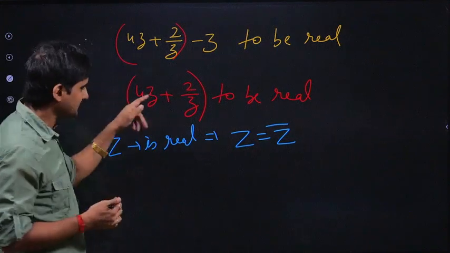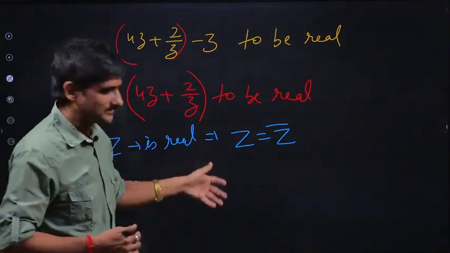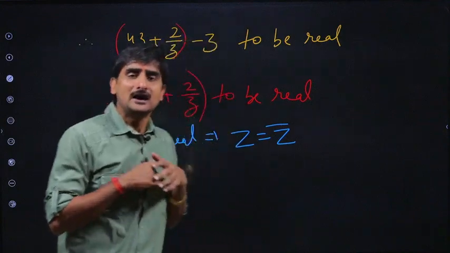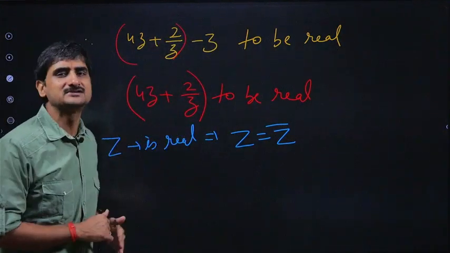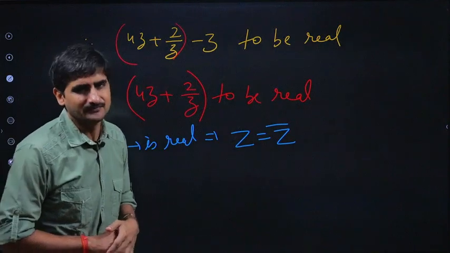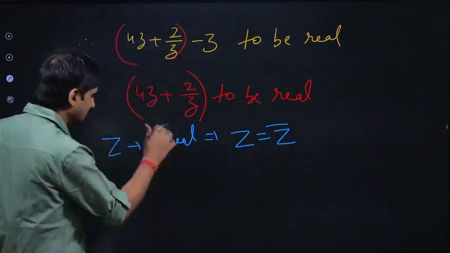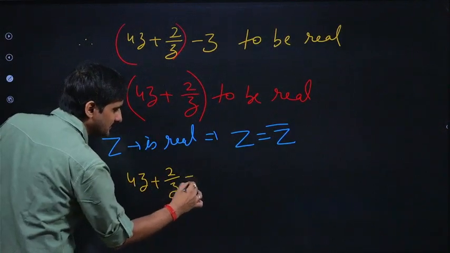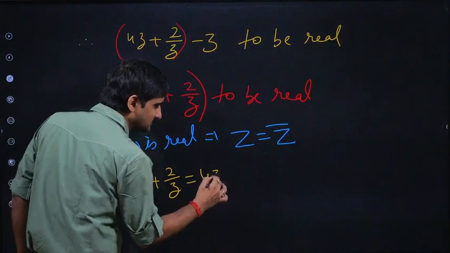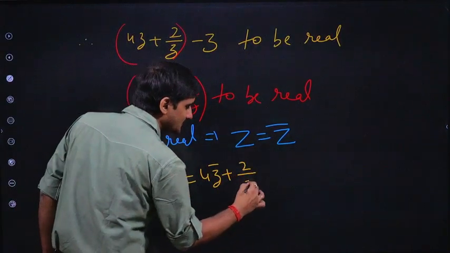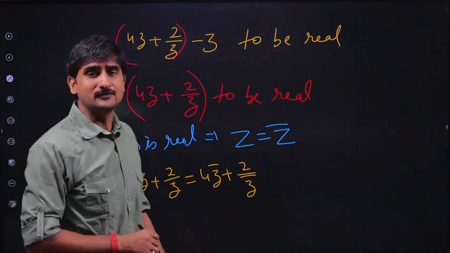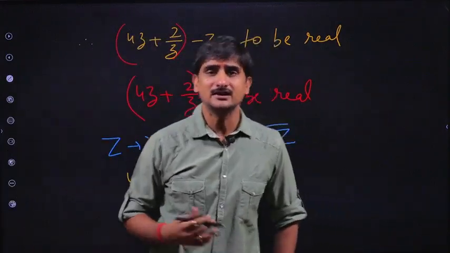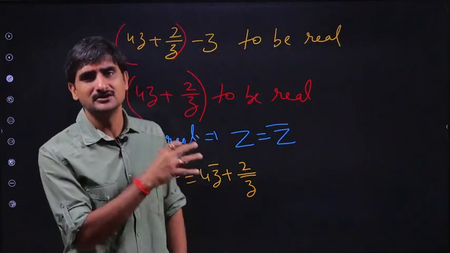This idea just struck my mind while solving this question. Otherwise, what I did earlier was replace z by x plus iota y, and I got the answer there. So let's try this one first, and then I will come to what I actually did while solving this question for the first time. We know that the conjugate of a complex number gets distributed over addition, subtraction, multiplication, and the ratio of complex numbers.